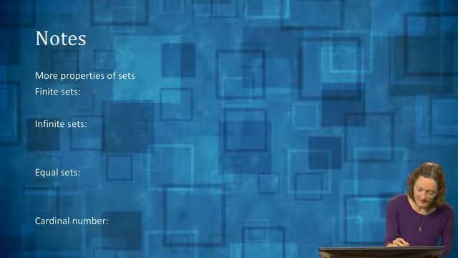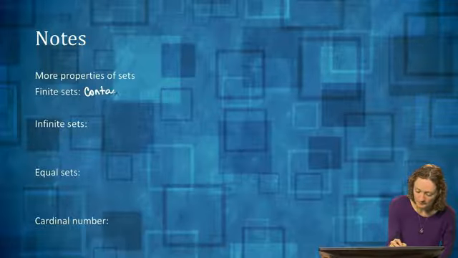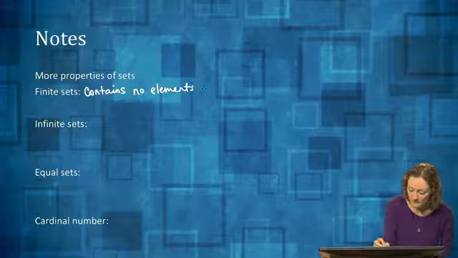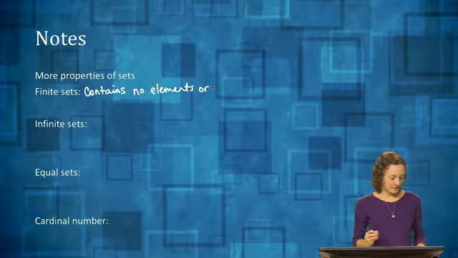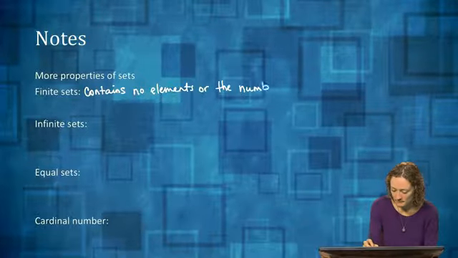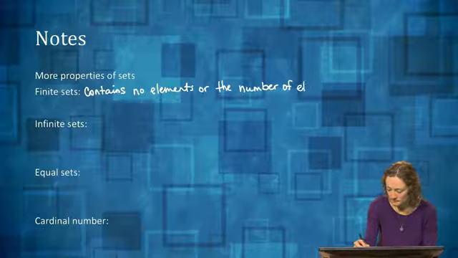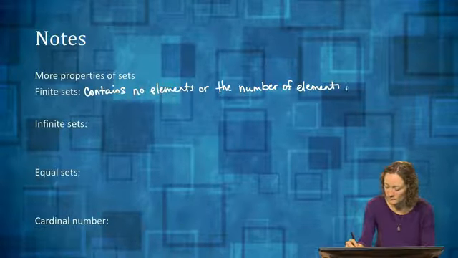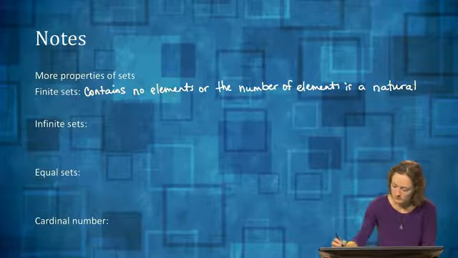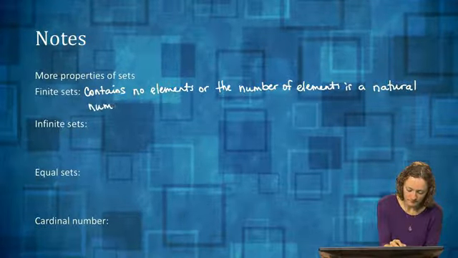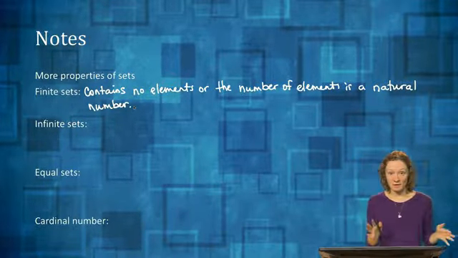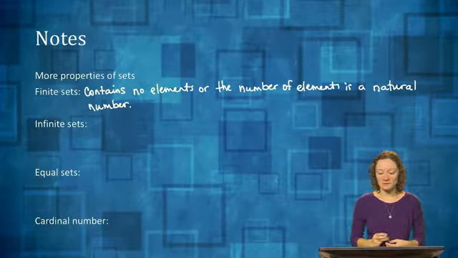A finite set contains no elements or the number of elements is a natural number. So a finite set either contains no elements or the number of elements is a natural number.